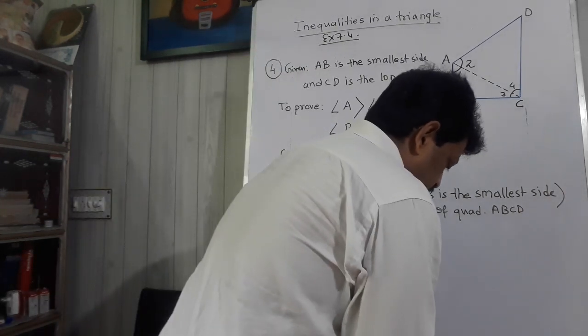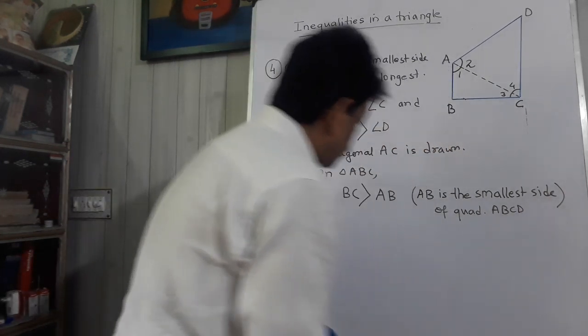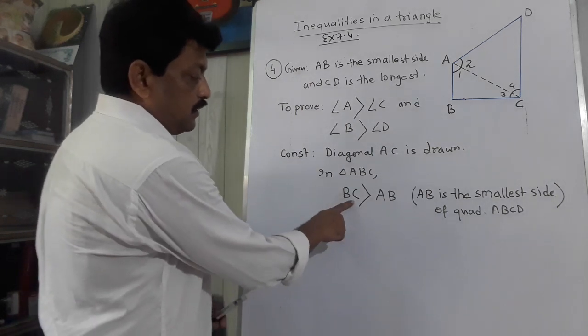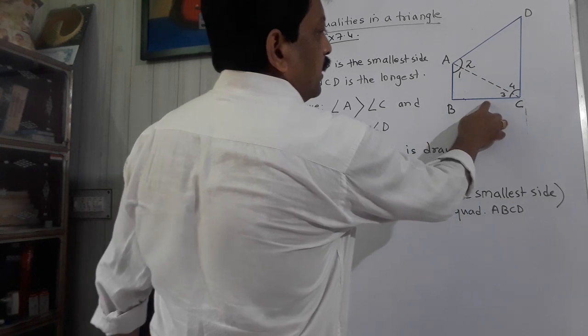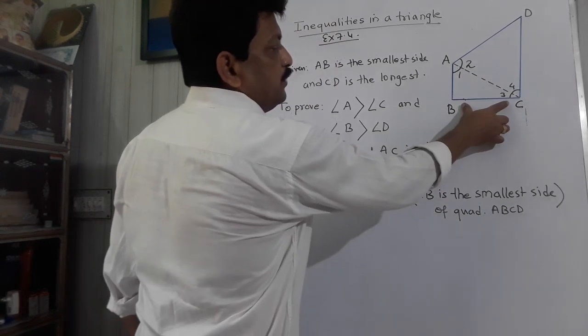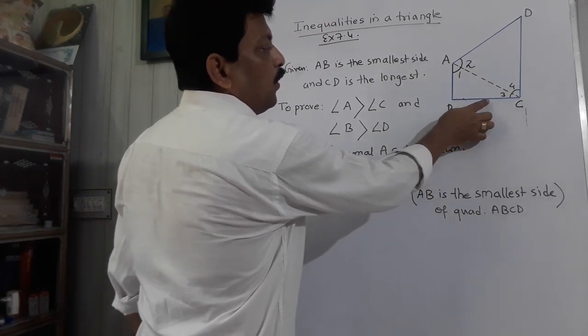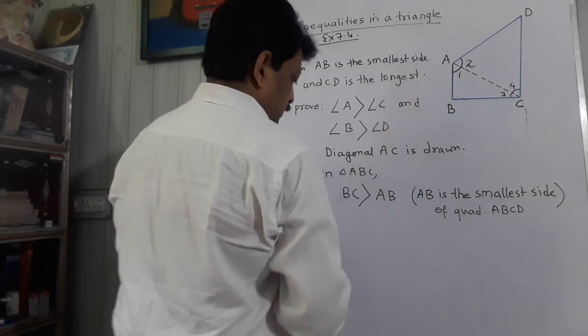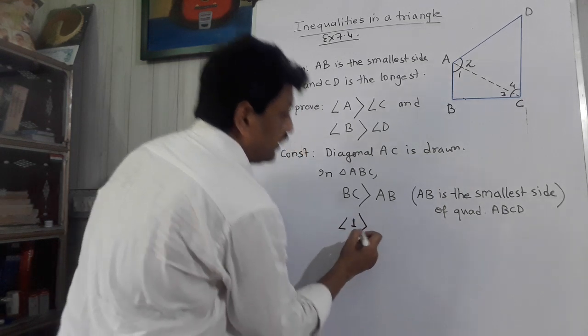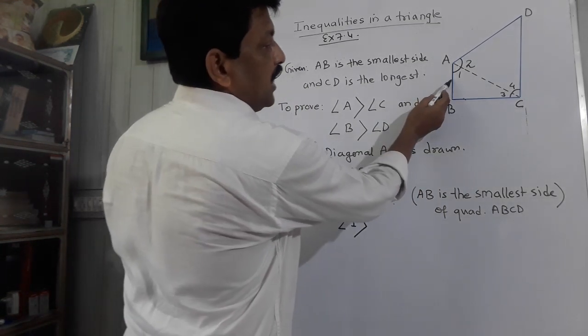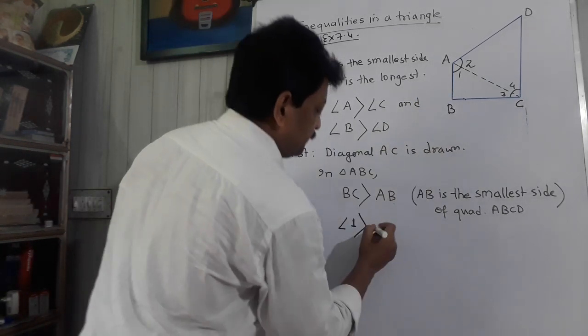If the side is longer, then its opposite angle is greater. BC is longer. Now, in triangle ABC, if BC is longer, then the angle opposite to BC is angle 1. So angle 1 is greater and AB is smaller. So the angle opposite to AB is angle 3.